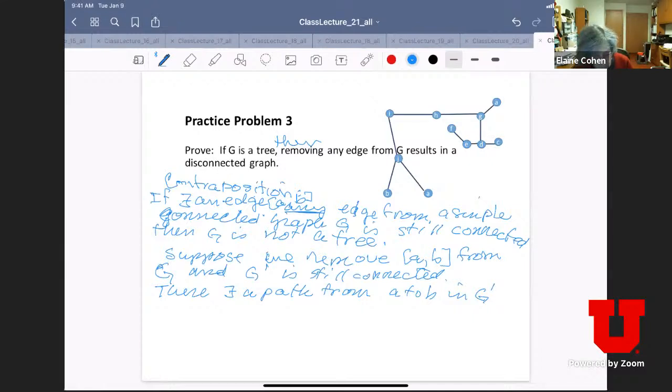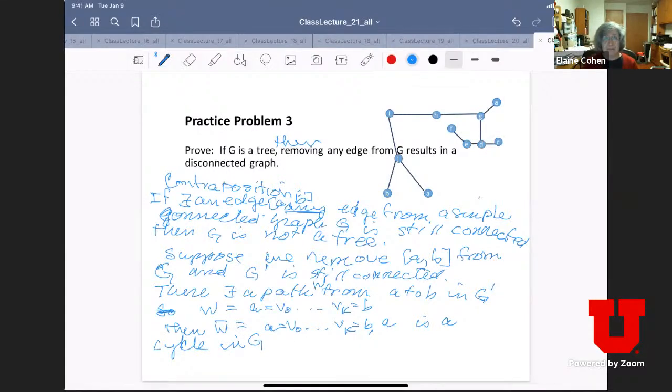So let's call that path W, where W is equal to A equals V0, Vk equal to B. Okay, then let's say W bar equal to A to B, V0 through Vk equal to B. That is a cycle in G, the original graph. I add it back in. So G cannot be a tree because it has a cycle.